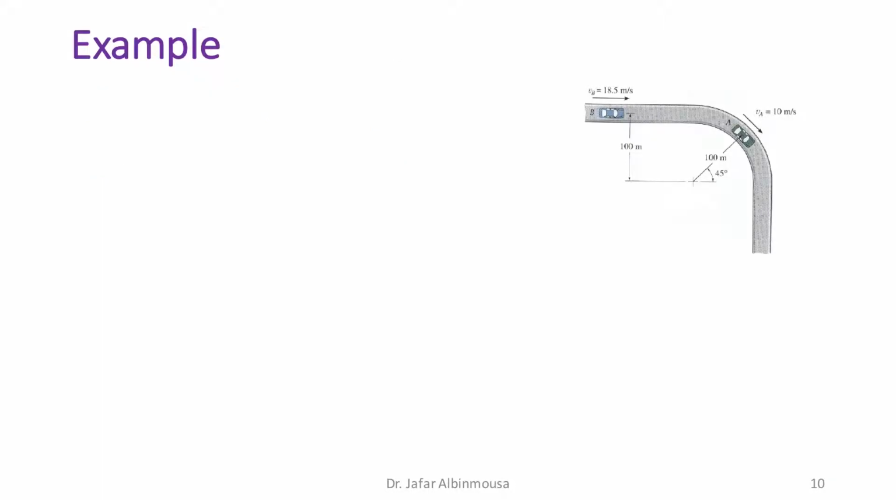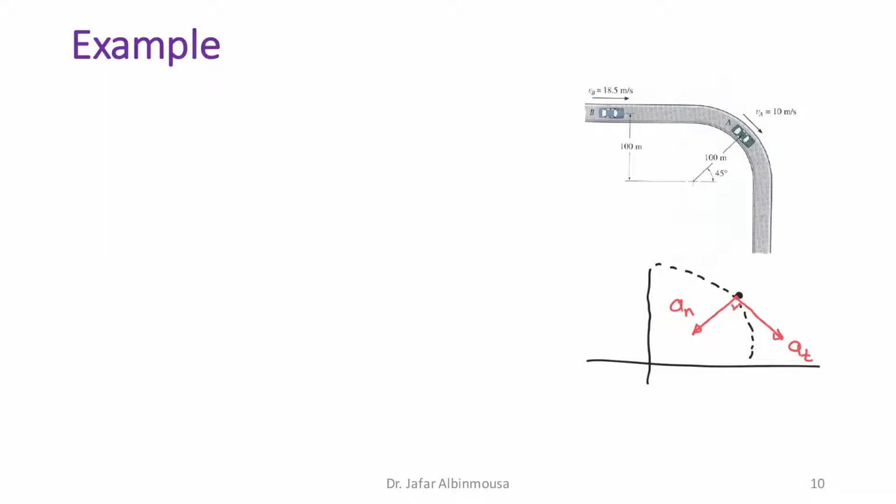Now, let's write down the acceleration equation. We will start with A, because A has two components. One of them is tangential, one of them is normal. In order to do that, we need just to make a quick sketch over here. So let's say this is point A, and this is the curvature. Now, the tangential component will go like this. This is AT, and we also have the normal component, AN.